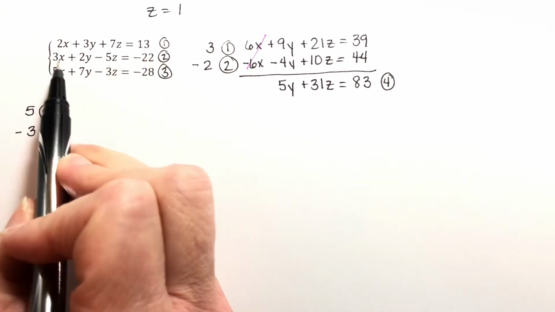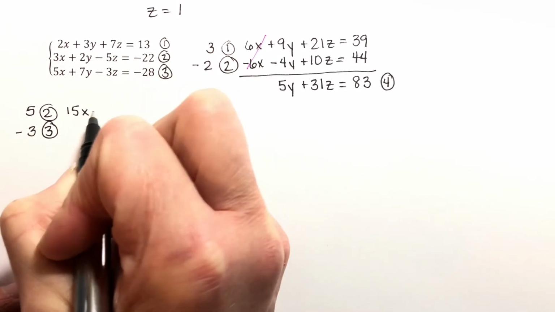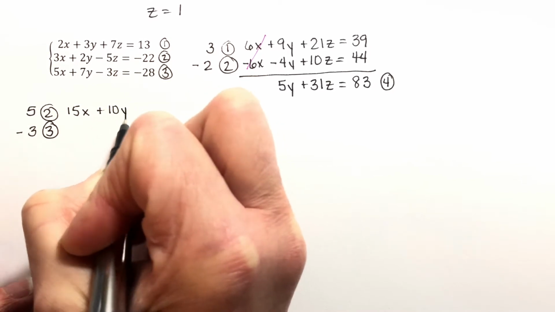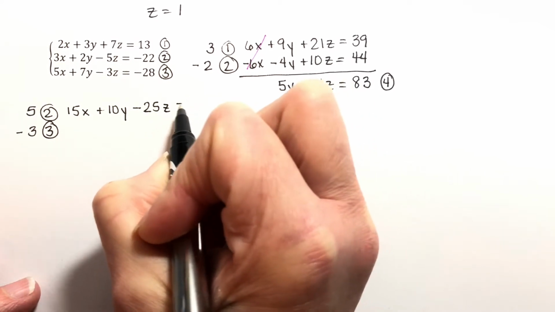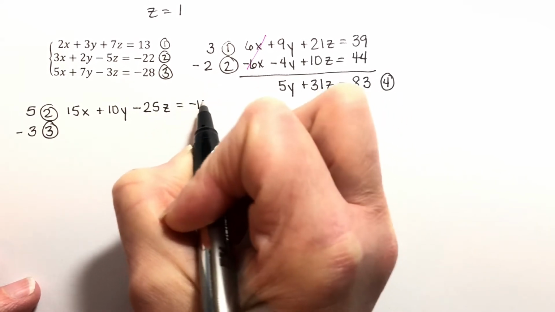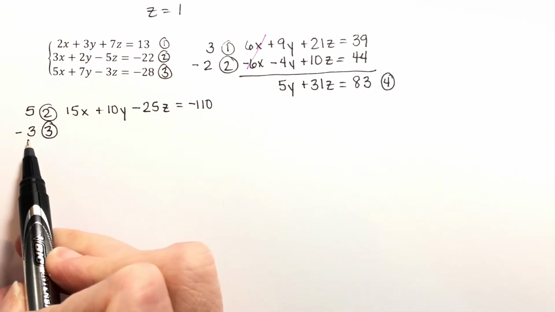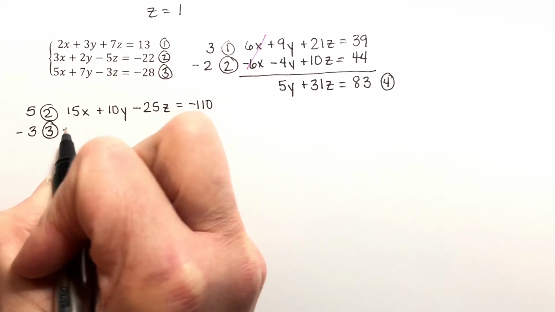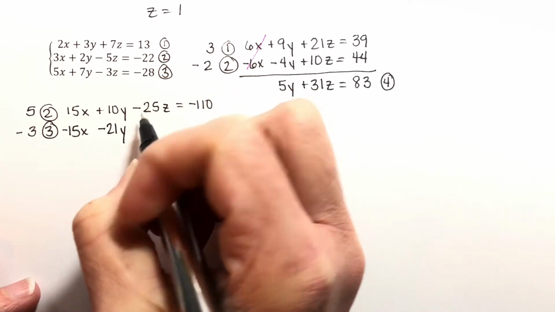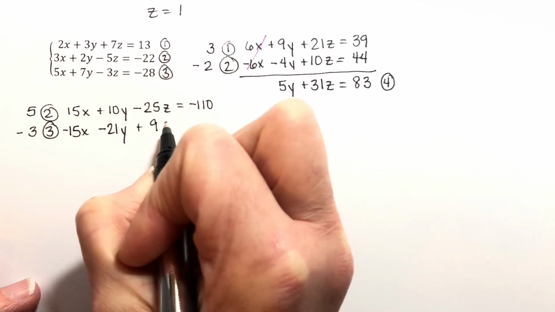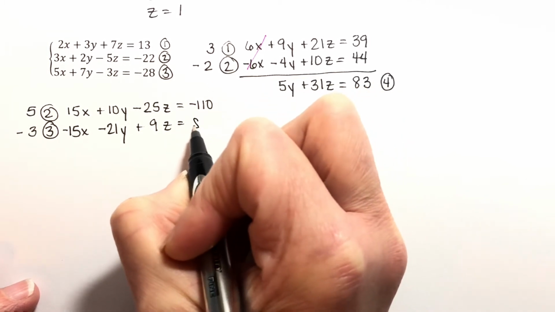Multiply this entire equation by a 5. You get 15x plus 10y minus 25z is equal to negative 110. Now multiply this entire equation by a negative 3, and you get negative 15x minus 21y plus 9z is equal to, it's going to be positive 84.